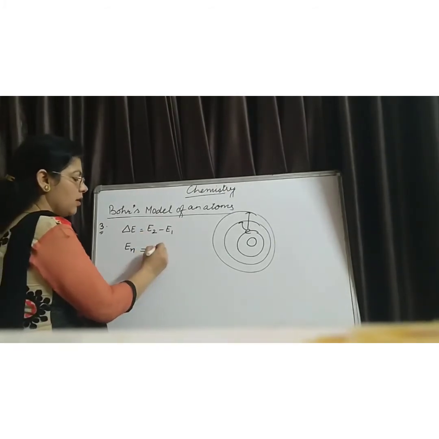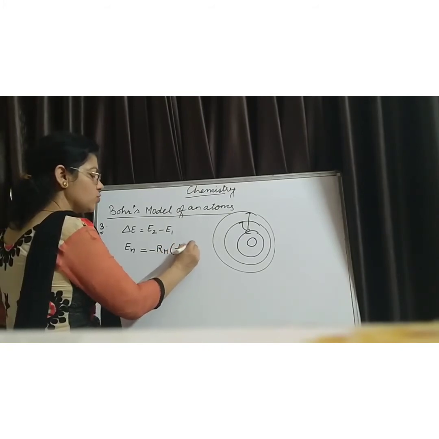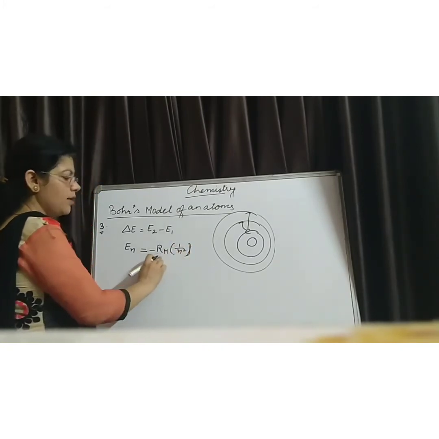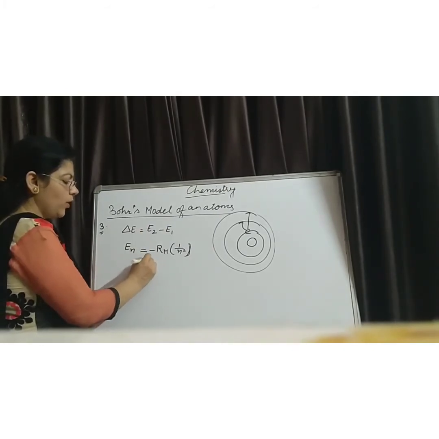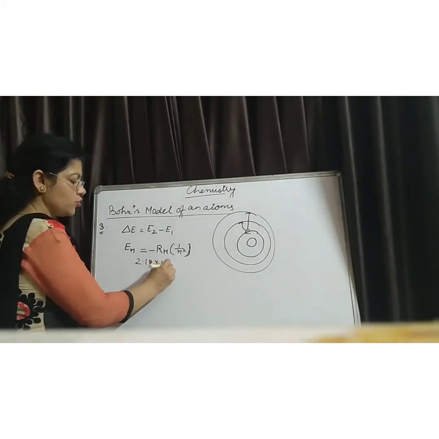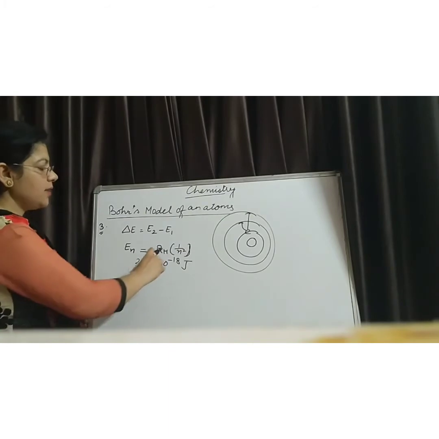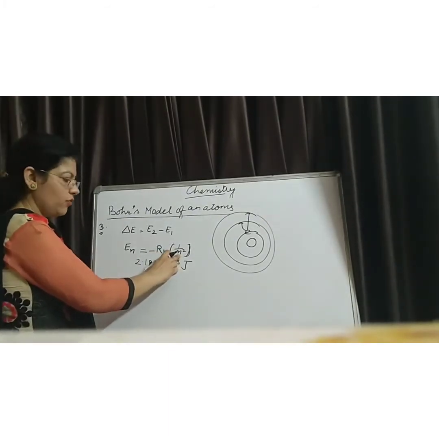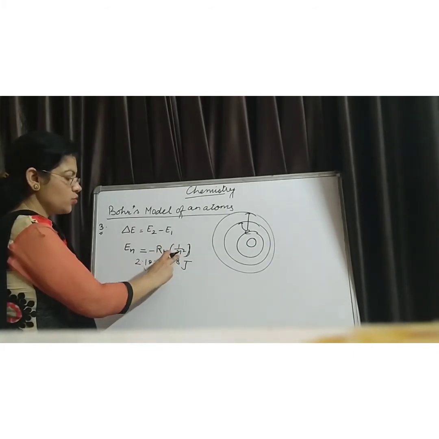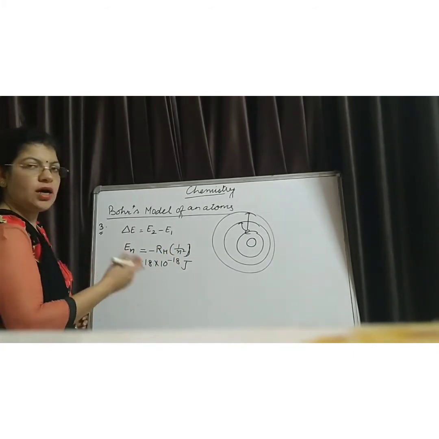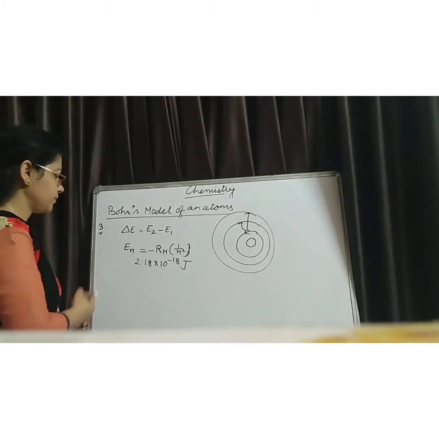That is En equals minus RH into 1 by n square, where RH is the Rydberg constant and its value is 2.18 into 10 raised to power minus 18 joule, and n is the number of the shell. For the first shell, the value of n is 1. For the second shell, the value of n is 2. Similarly, for the third shell and fourth shell, its value is 3, 4 and so on.